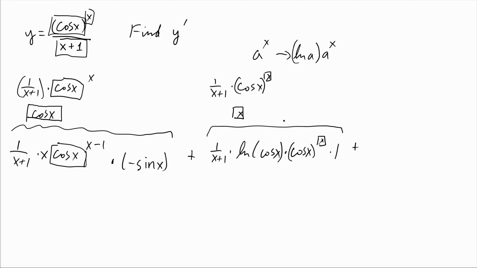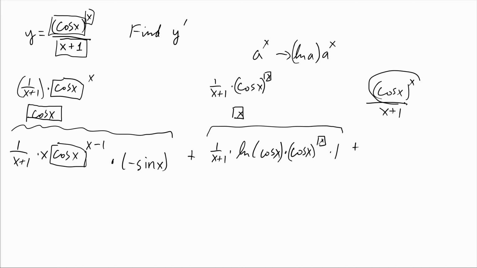Plus, and honestly, if you're fluent and familiar with this, just go quickly. I'm taking time to explain. With the next box, we have x plus 1, but everything else is like a constant. So you have a constant, cosine x raised to the x, all over x plus 1.